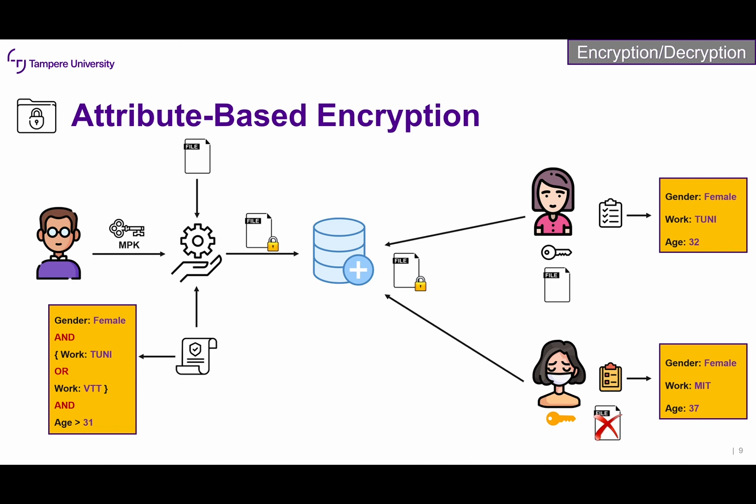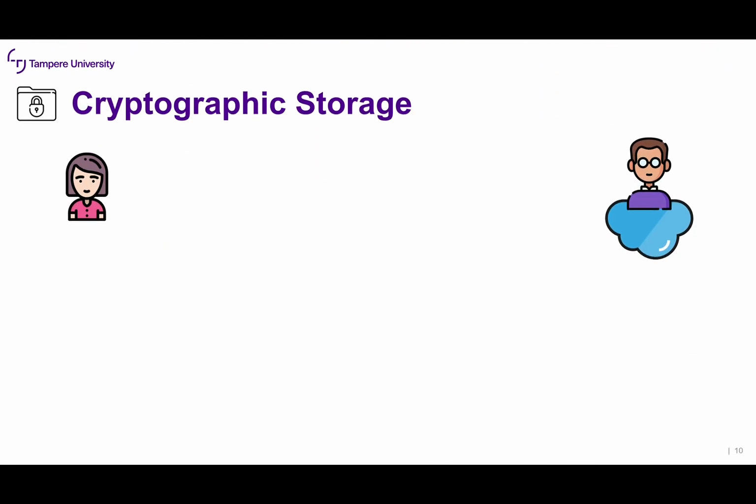So one way to do this is to try to create a kind of cryptographic protocol that would combine both SSE and ABE. That's what we are going to describe here briefly: how we can create a cryptographic cloud storage based on ABE and SSE. So imagine that Alice has her key, the symmetric key that she's using to symmetrically encrypt all of her data.